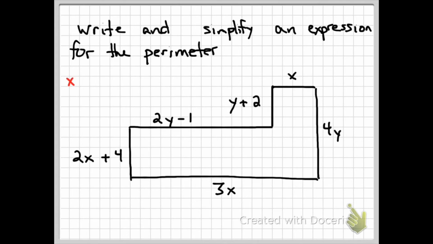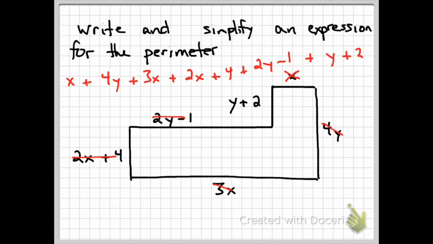We have x, and we'll cross that out, plus 4y, all right, plus 3x, plus 2x, plus 4, plus 2y minus 1, plus y plus 2.